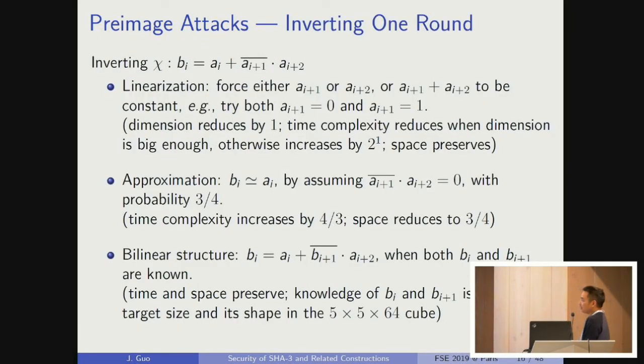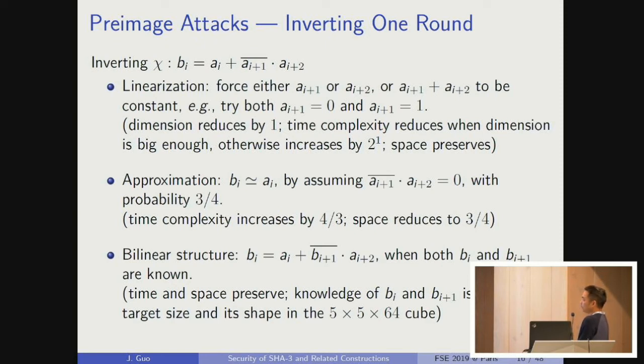For inversion, there are 3 different ways. If we look at the expression of the S-box, each output bit can be expressed by A_i plus the inversion of A_{i+1} times A_{i+2}. The first method is linearization. By linearization, we mean we force one of the 2 variables in the product to be a constant.